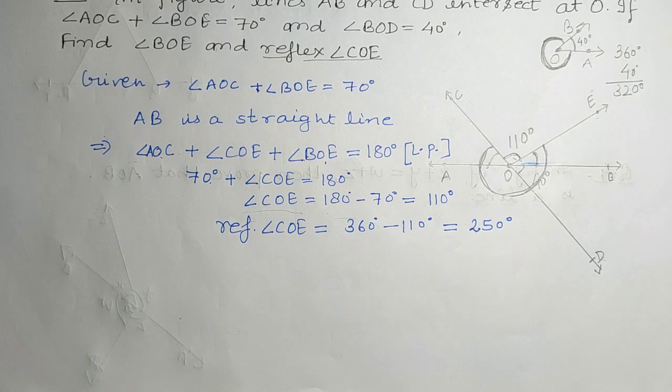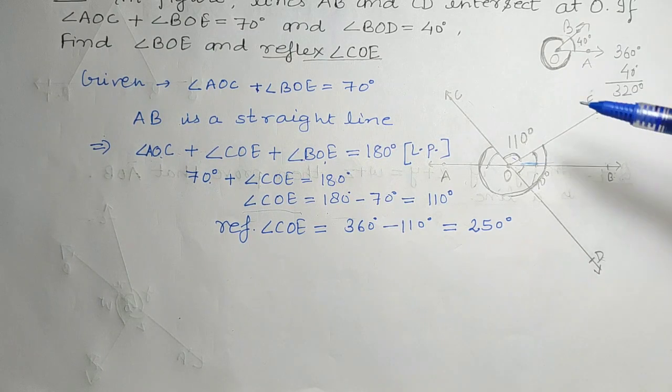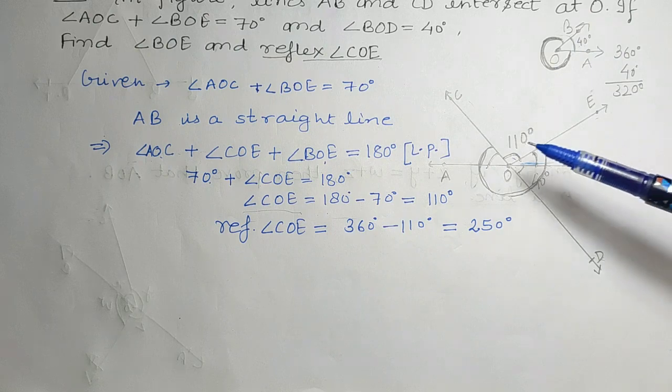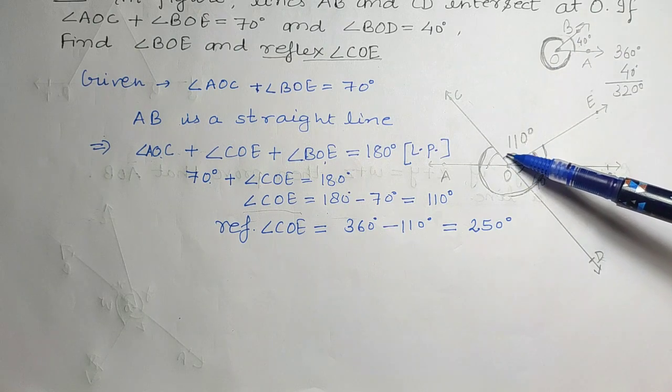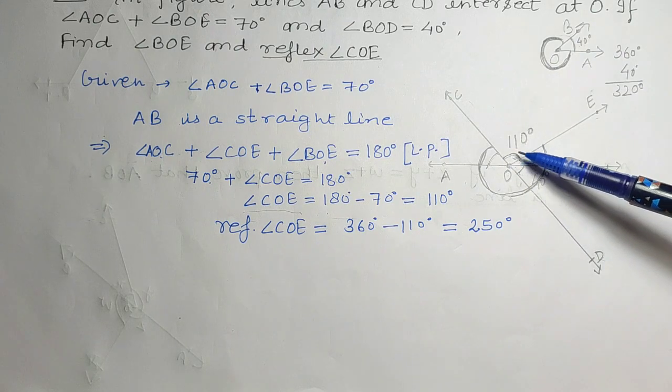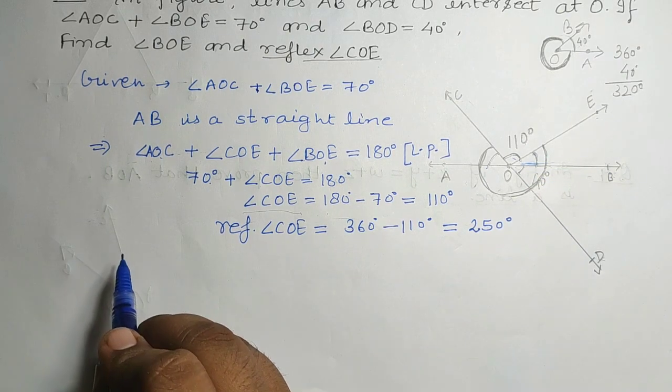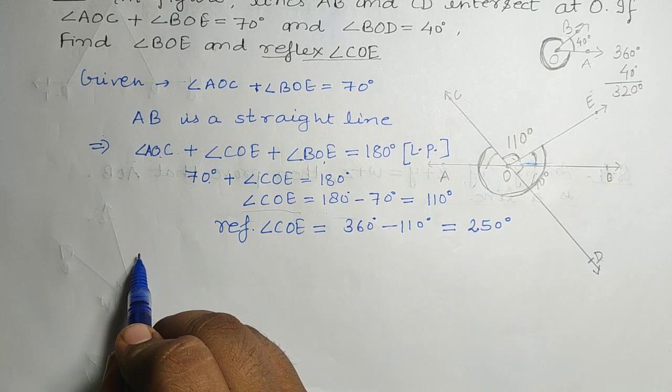Now we are going to find angle BOE. How will we find angle BOE? See students, since CD is a straight line, on one side of a straight line the total angle should be equal to 180 degrees. This axiom we have studied.